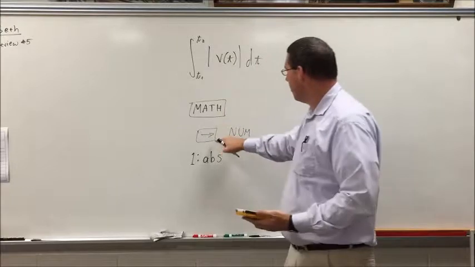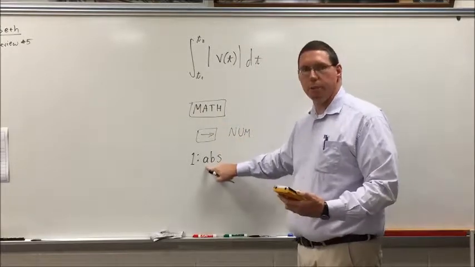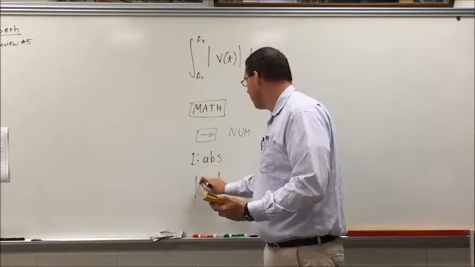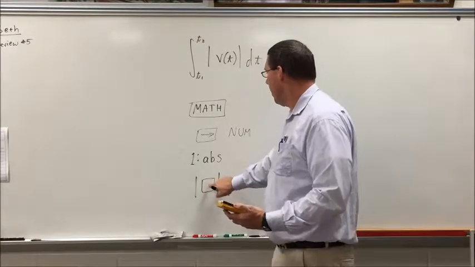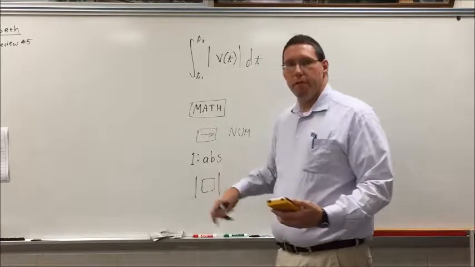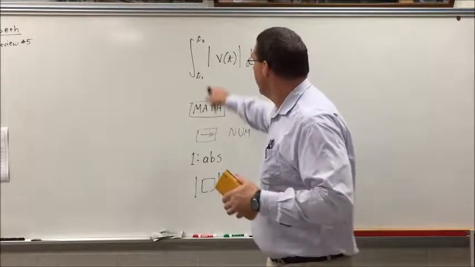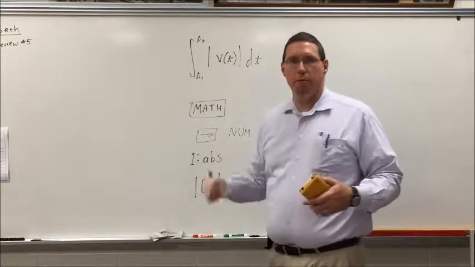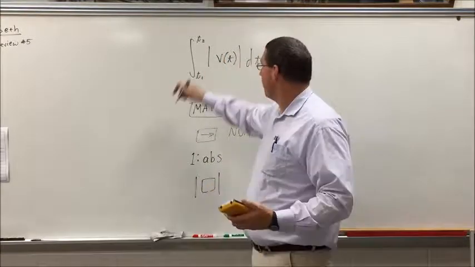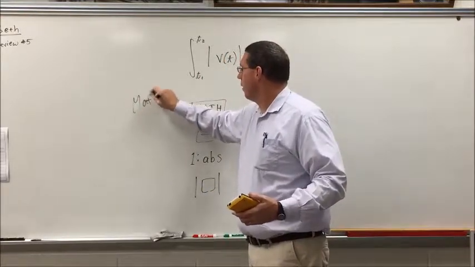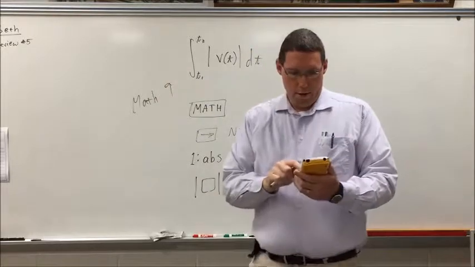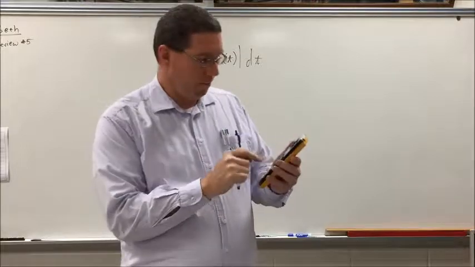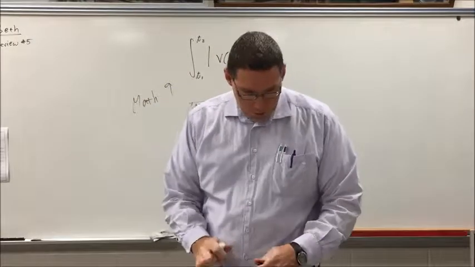It will make those absolute value symbols and give you a little box, and in that box you put the velocity function. Then you integrate the absolute value of velocity from time 1 to time 2 and press enter. And don't forget, to get a definite integral, it's math 9. If I hit the math button and then the 9 button, it gives me the definite integral. So that's total distance traveled.